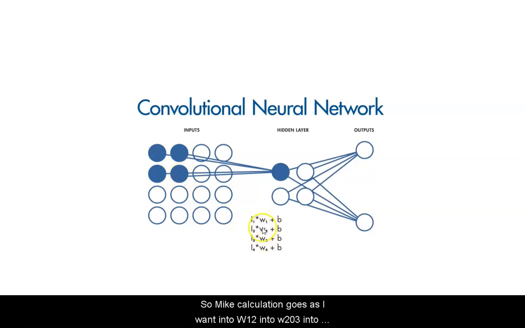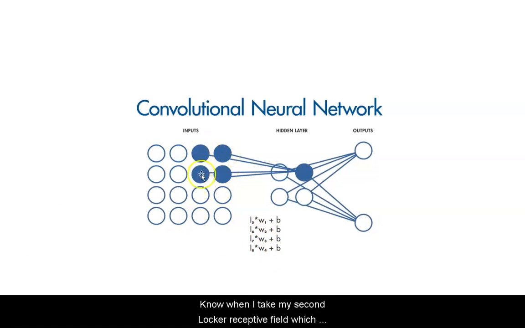So my calculation goes as I1 into W1, I2 into W2, I3 into W3 and I4 into W4. Now, when I take my second local receptive field, which maps to my second neuron in my hidden layer, you can see that the weight and bias are the same as in the first case.